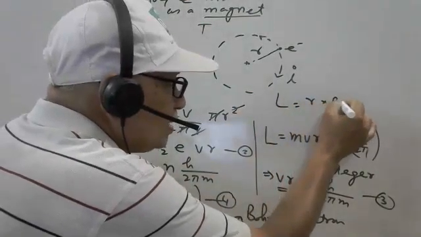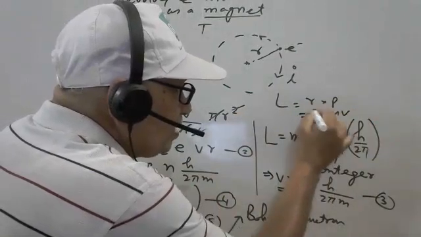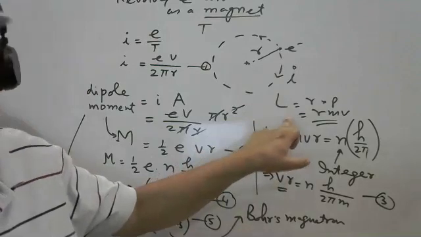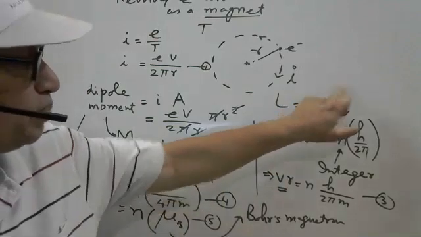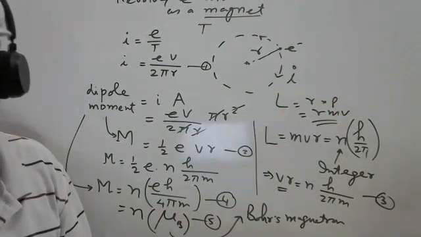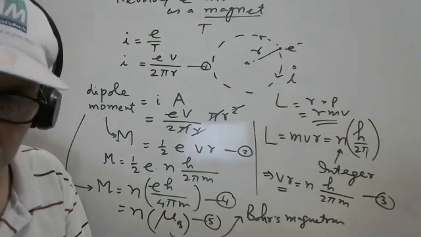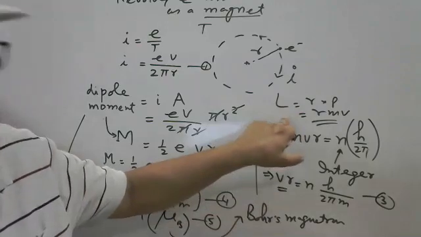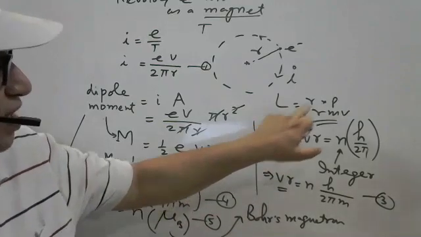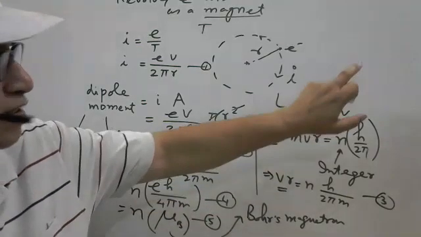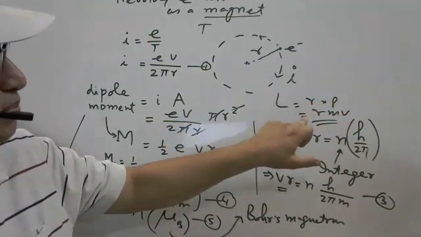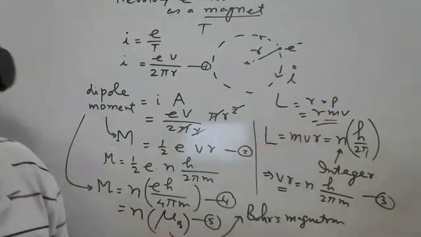What is p? It is mv. So it is mvr. Angular momentum is defined as r into p, just like torque is r into F, where F is the force. This is the torque definition, and this is the definition of angular momentum, r into p, where p is the linear momentum mv. So L is equal to r into p or mvr.